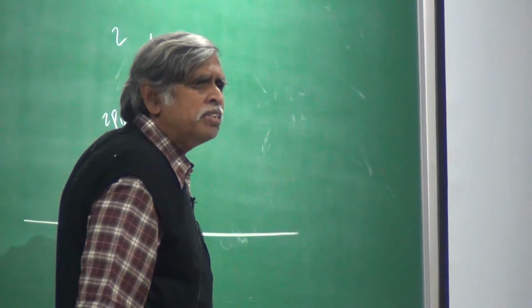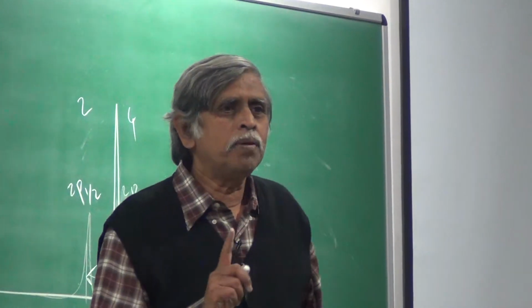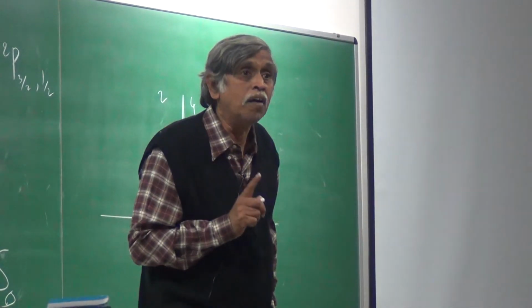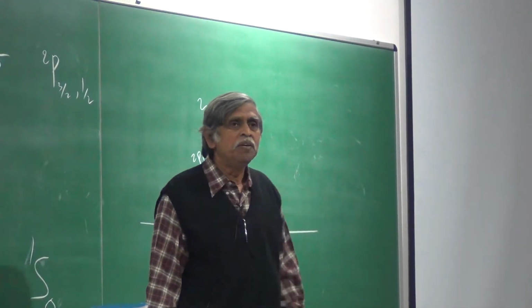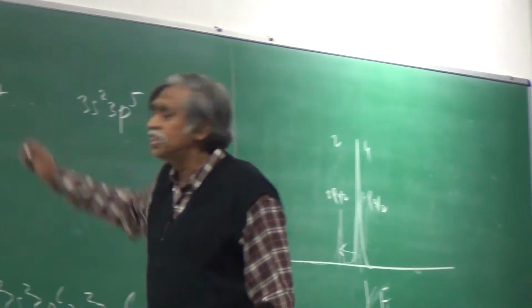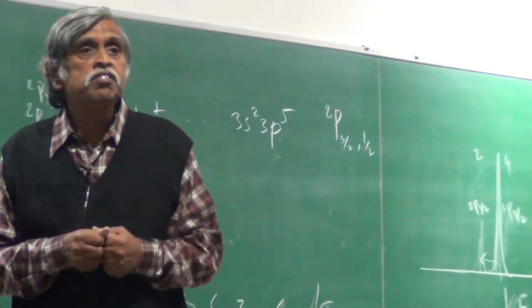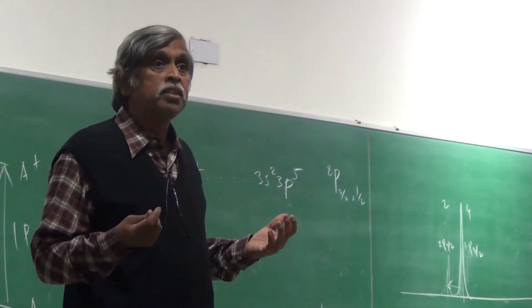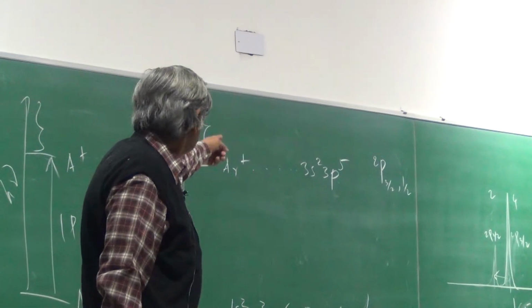And the moment I see this ratio, 1:2, I immediately know that the bigger one must be the 2P 3/2, and the smaller one must be the 2P 1/2. I also know that the energy difference here must be the energy difference between the two spin orbit states. Therefore, a photoelectron experiment actually gives me a huge amount of information as far as the spin orbit states are concerned and the eventual states that are produced by the configuration.